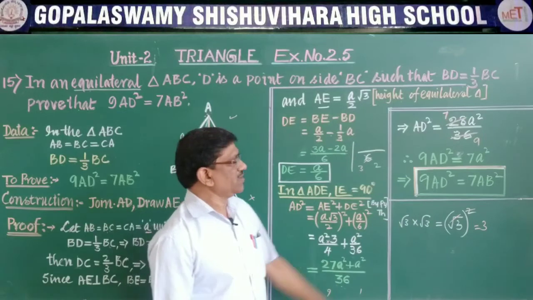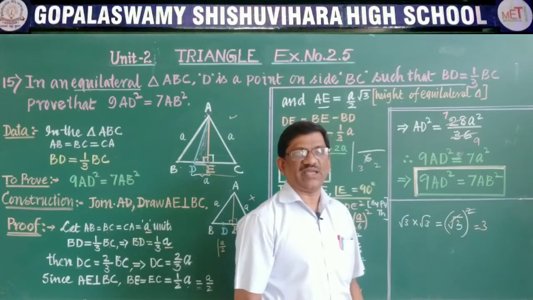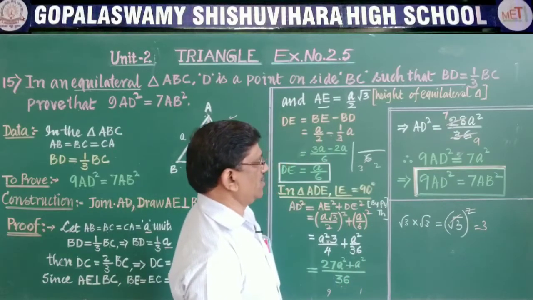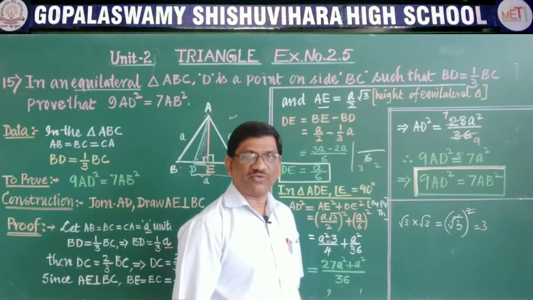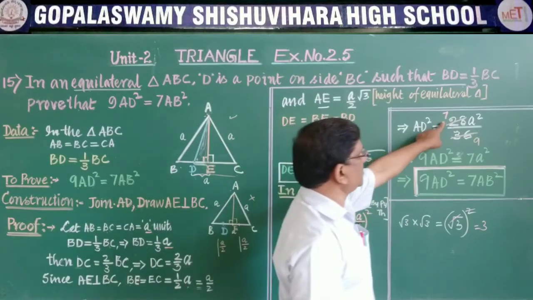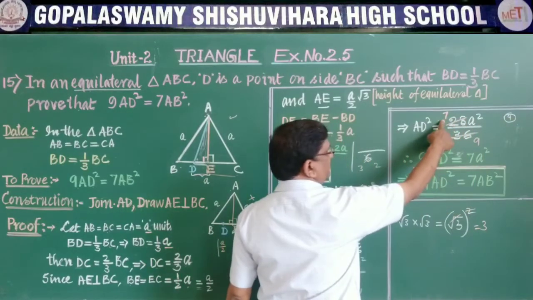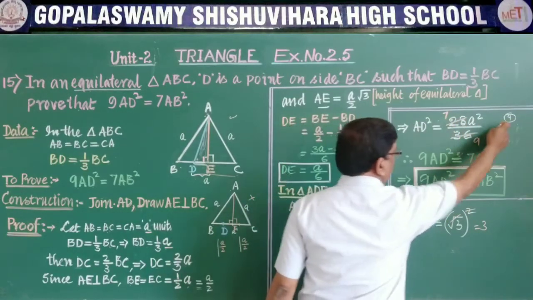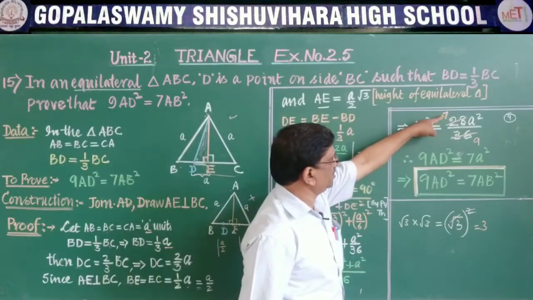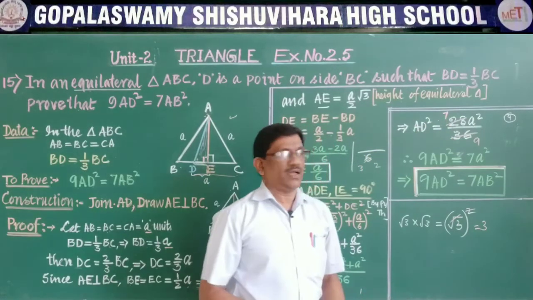Isn't it? So is it possible to divide 28 and 36 by a common number? Yes. Which is that? 4. By 4 we can divide 28 as well as 36. 4 7s are 28, 4 9s are 36. So in the numerator we got 7, in the denominator 9.